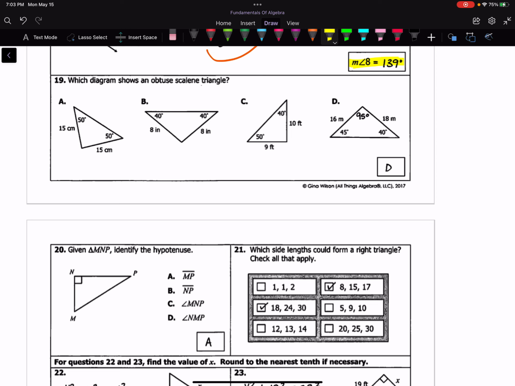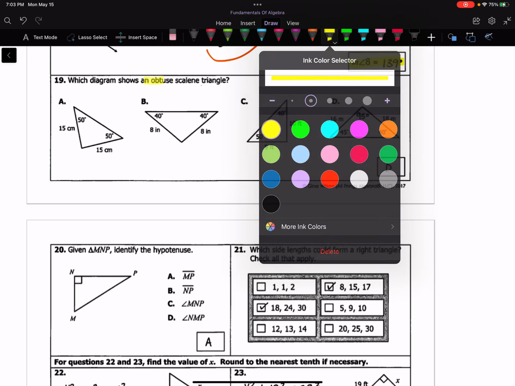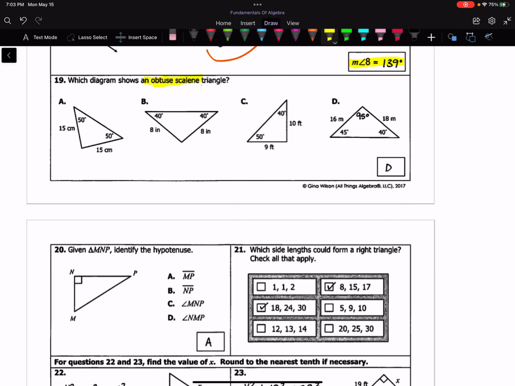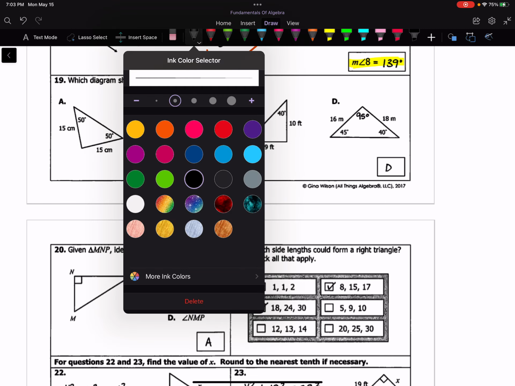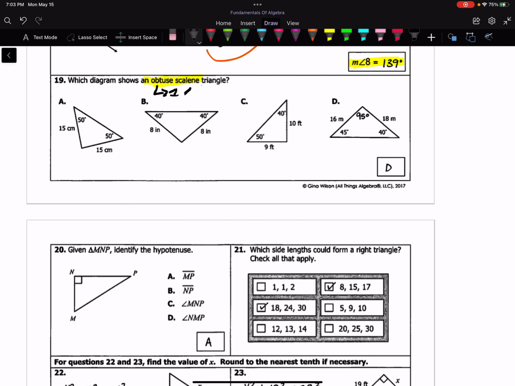Okay, which triangle shows an obtuse scalene? What do we remember about our terms? Obtuse means one angle must be greater than 90 degrees.